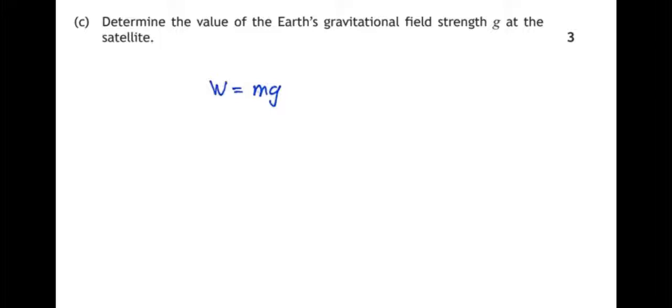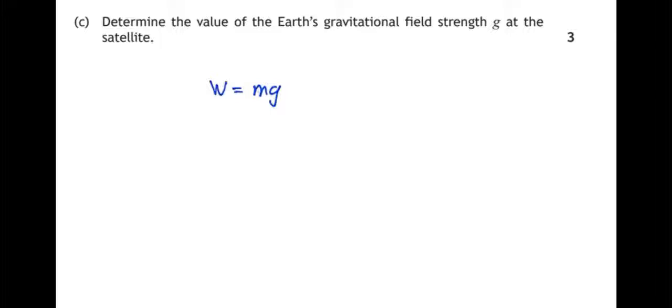The gravitational force of attraction and weight are the same thing. Weight is the gravitational force of attraction that holds you on Earth. Usually we think of weight being at the surface of the Earth, but weight is the force of attraction wherever you are due to the gravitational field.